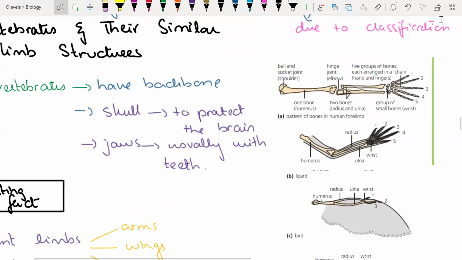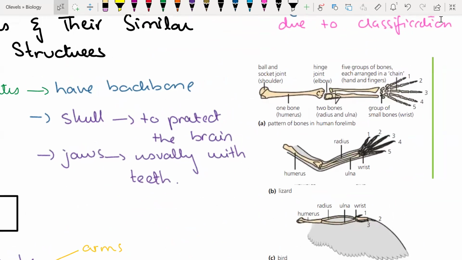For example, the first one is this pattern of bones in human forelimbs. You can see this upper arm bone is called the humerus. It's one bone. Then you have two bones in your forearms, called the radius and ulna. Then you have a group of small bones in your wrist, and then these five bones arranged in a chain that make your hand and fingers, right?